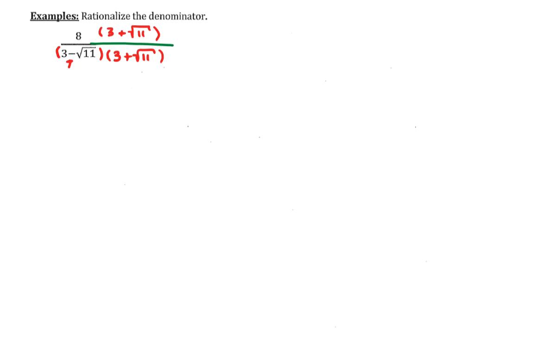All right, so carrying on, in the numerator, I would just like to keep the 8 in front of the conjugate, 3 plus radical 11. In the denominator, though, we are going to have to FOIL. All right, this is set up like a FOIL problem. So that's how we'll handle it. So for starters, we'll do 3 times 3, and that gives us 9.